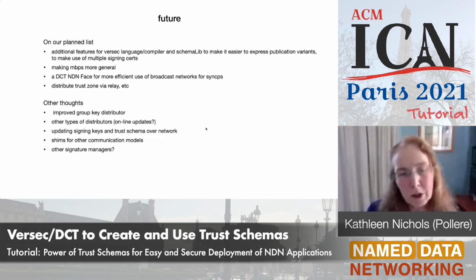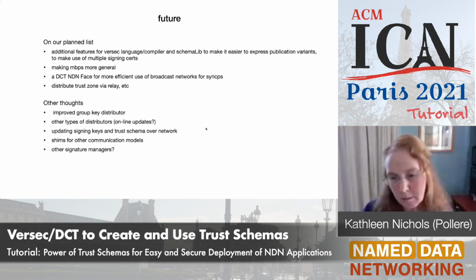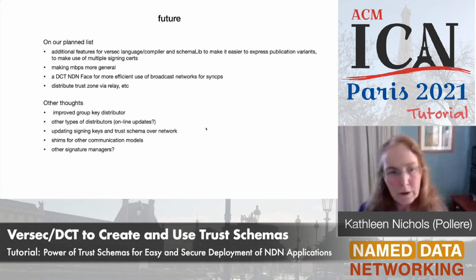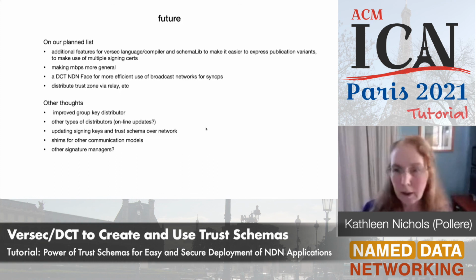Schemas for other communication models. Ours implements a pub/sub API, which is pretty useful for a wide range of applications. But clearly, if you want to do other things like streaming video, you might want something different. And so I certainly encourage people to do that.